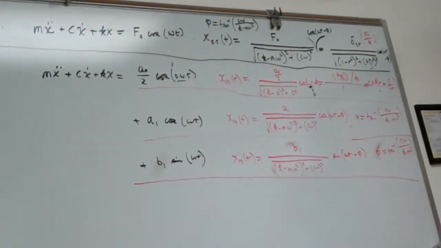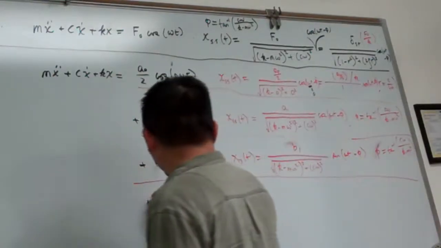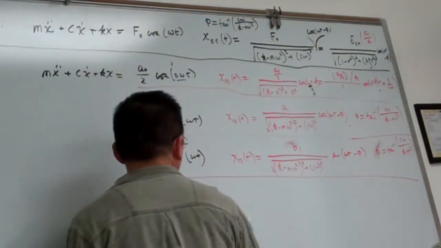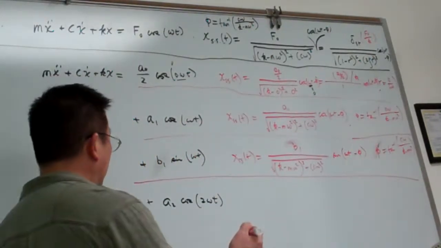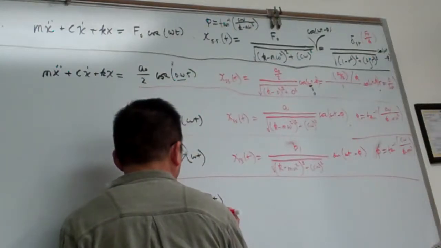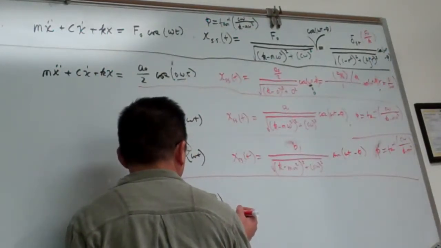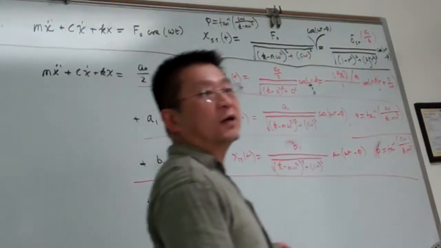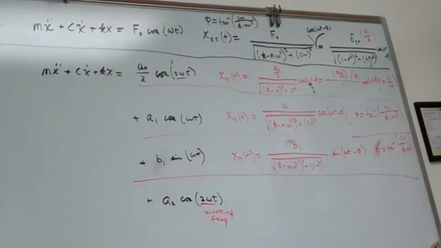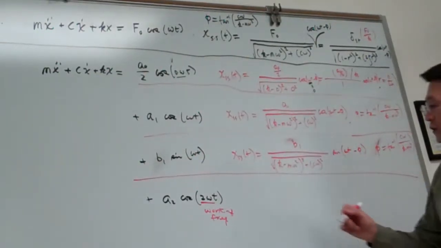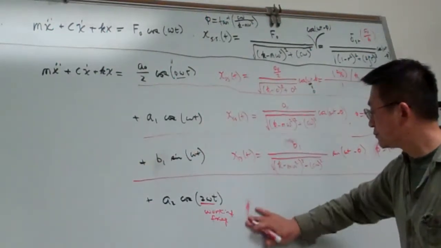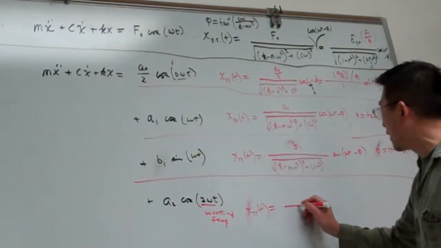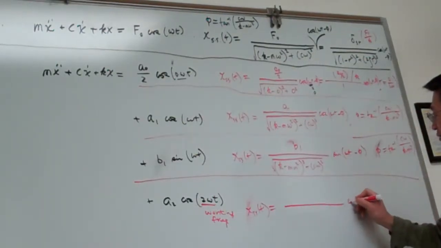Okay, then we continue to work on other terms, say A2 cosine 2 omega t. For this term, this is our working frequency, so for the template you plug in the working frequency as 2 omega. Let me write it up here. The steady state will be equal to the magnitude and then cosine.